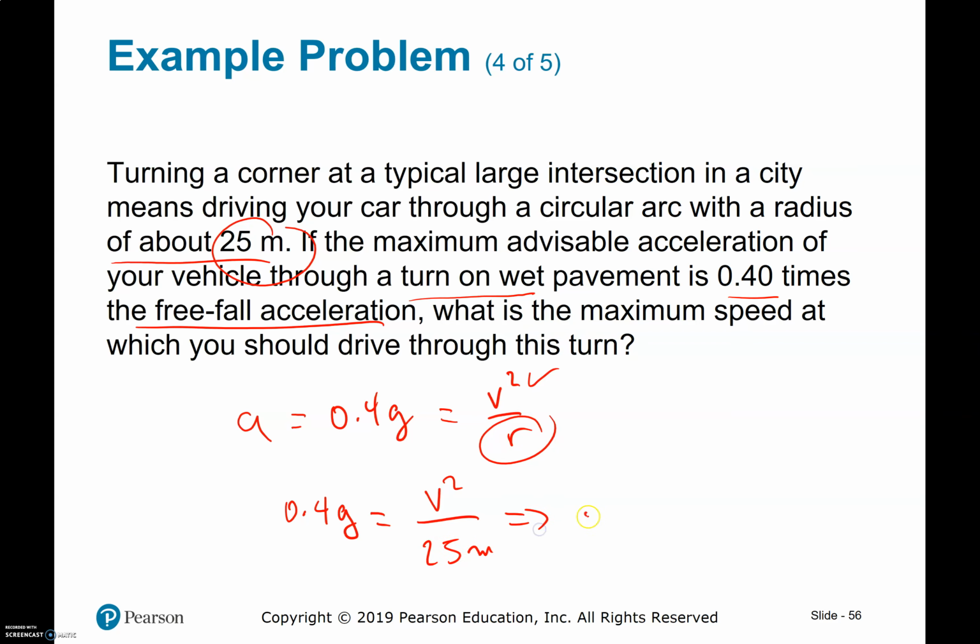So that implies that v is equal to the square root of, because I have a square here, 25 meters times 0.4 g. I can use my calculator quickly here.